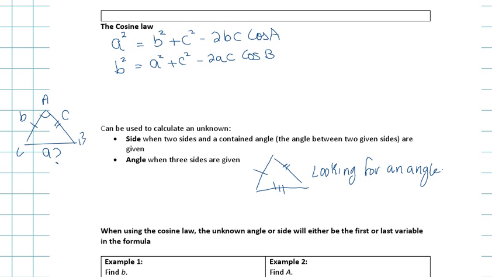So I have this case here. I know side A, and I know side C, and I know angle B, and I'm looking for side B. No, it doesn't have anything to do with the Pythagorean theorem.